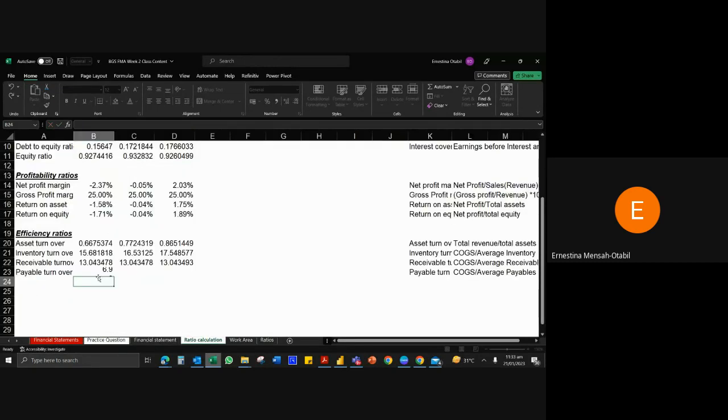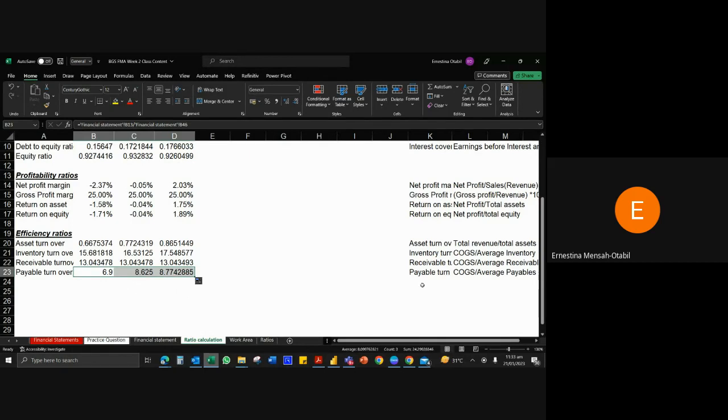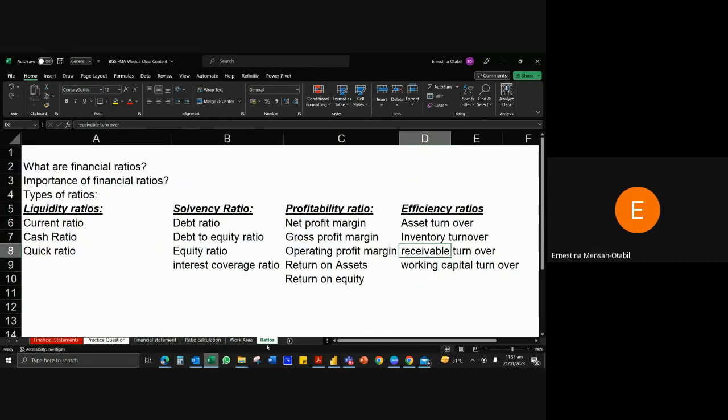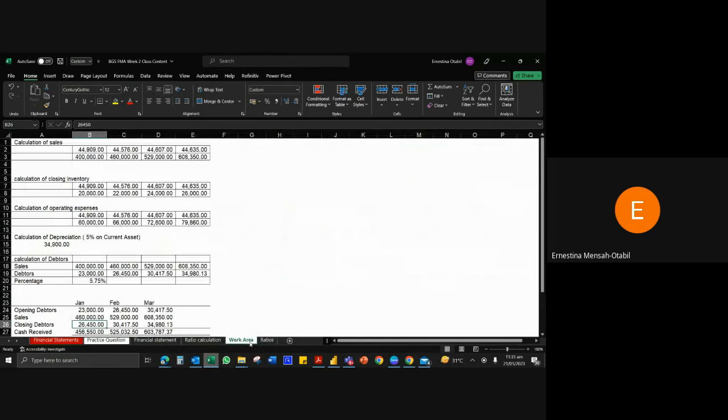So we are seeing that it is more, and it shows that the company is efficient in paying off its creditors or managing its creditors. So the next is working capital turnover.